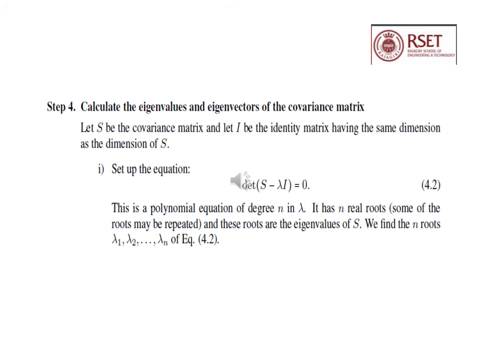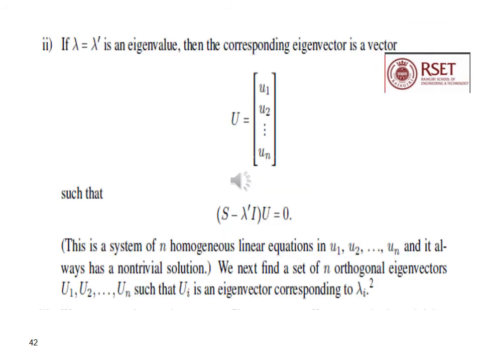It has n real roots, and these roots are the eigenvalues of S. If lambda equal to lambda dash is an eigenvalue, then the corresponding eigenvector is a vector u, given as u1, u2, un, such that S minus lambda dash into I, applied to u, is equal to 0.